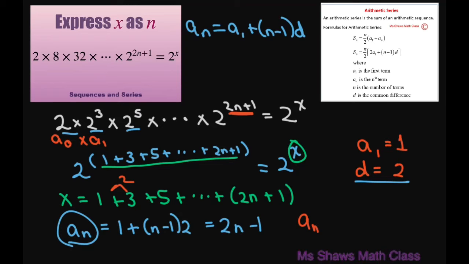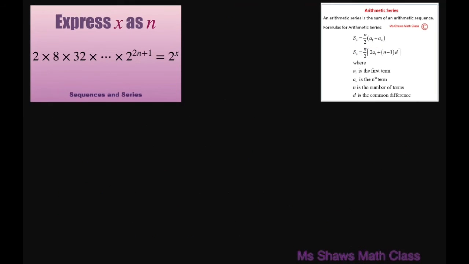A sub n plus 1, therefore, would be 2 times n plus 1 minus 1, which gives you 2n plus 1. So we need this, and then we'll solve for x. We're going to use this formula here. We know that a sub n plus 1 equals 2n plus 1.